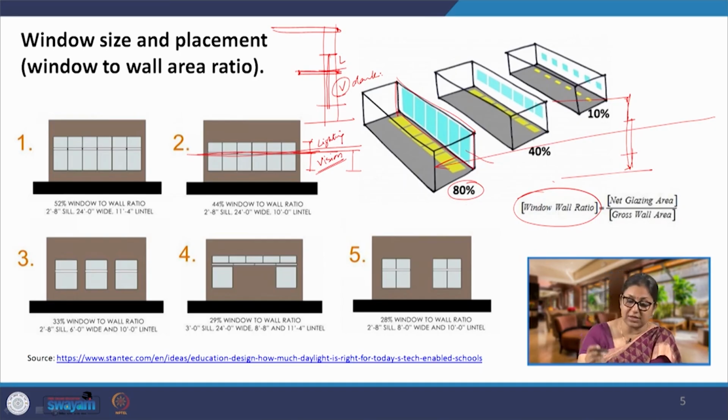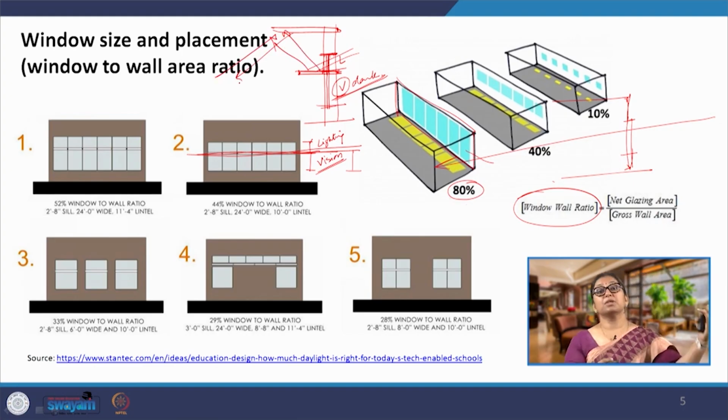So, what we can do is darken this vision glazing, reduce the transparency, the clarity of it, so that less light is brought inside, but people can still view outside. So, this is for vision, while for the glazing for bringing in light, we can have absolutely clear glass and a lot of light can be brought into the room through this. So, we can separate between these two.